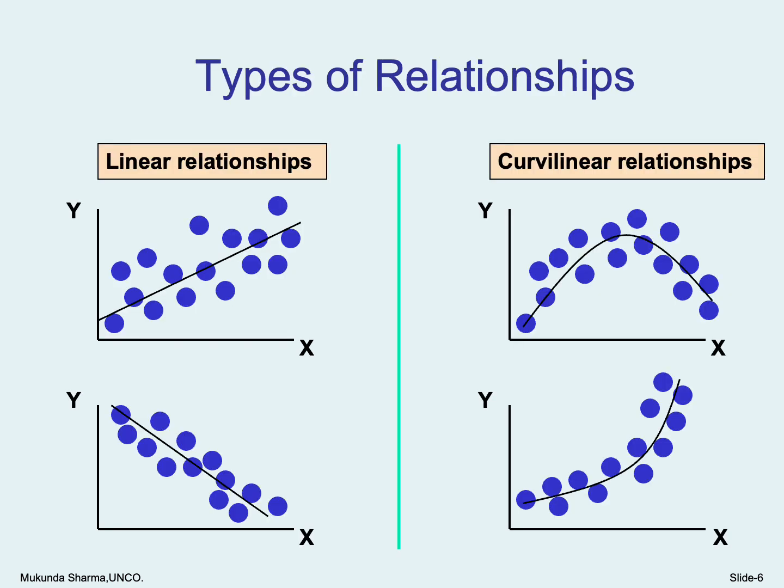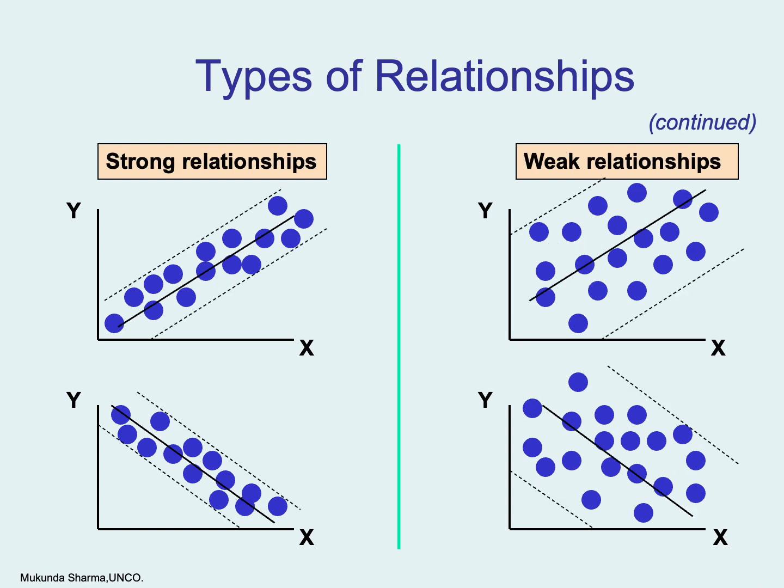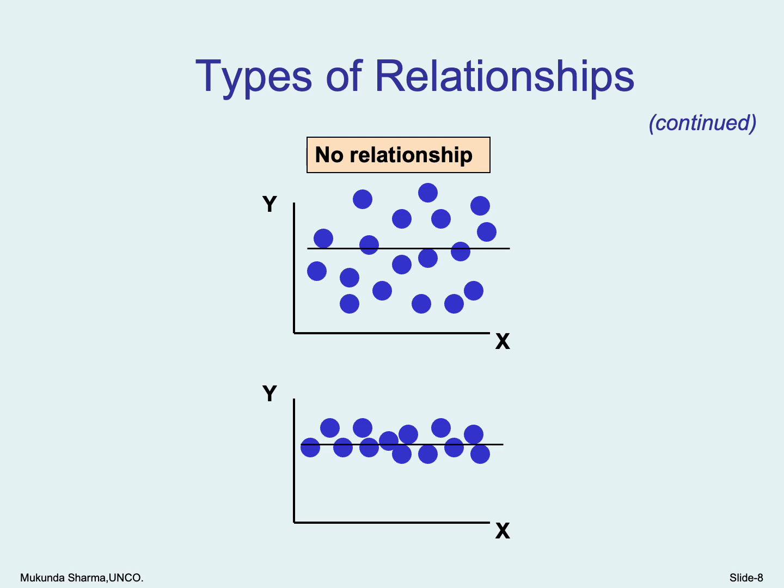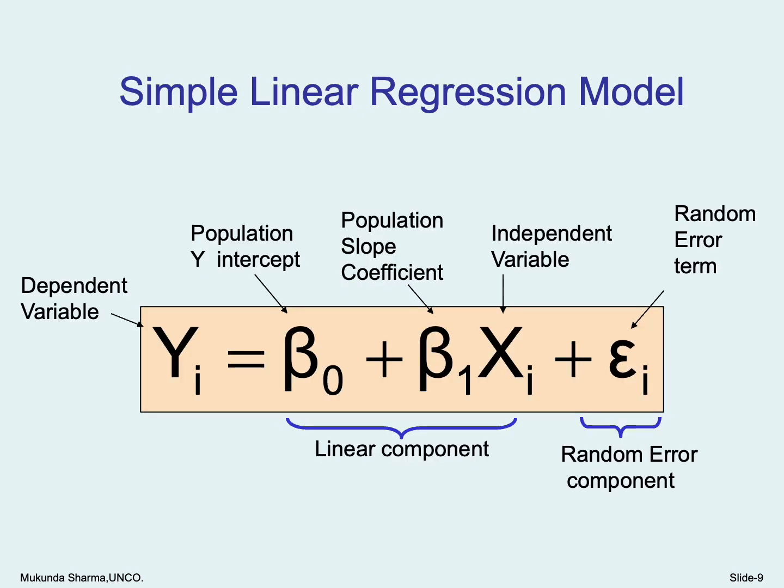So we can see different types of relationship between the variables, like linear relationships, curvilinear relationships, strong relationships, and weak relationships. And also there may be no relationship between the variables.